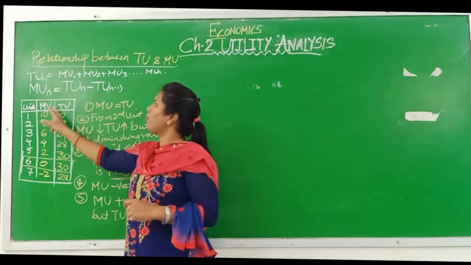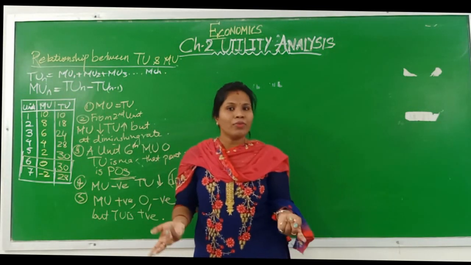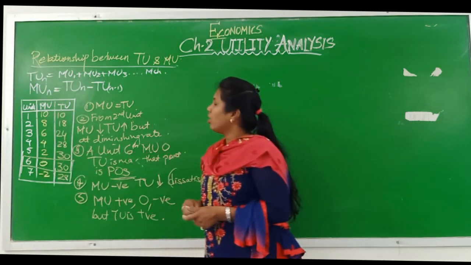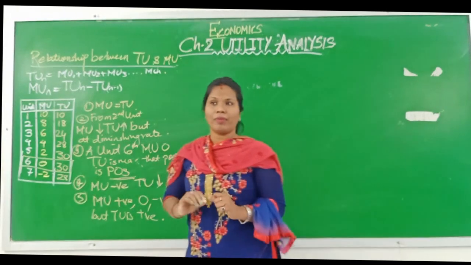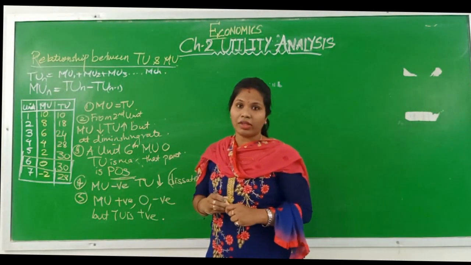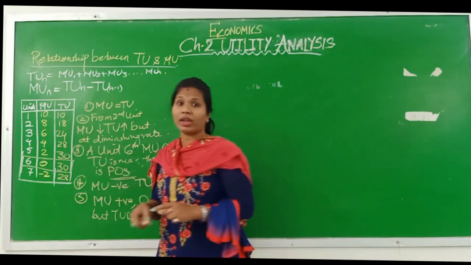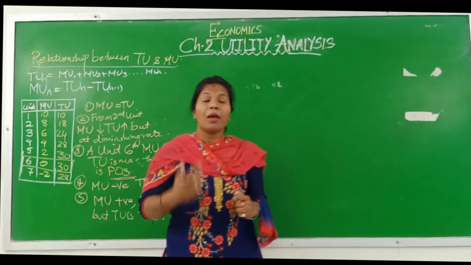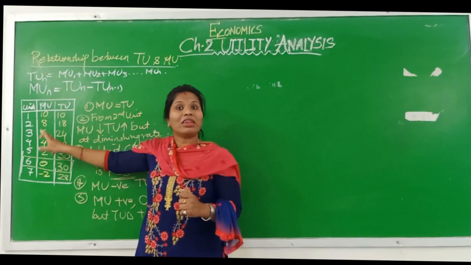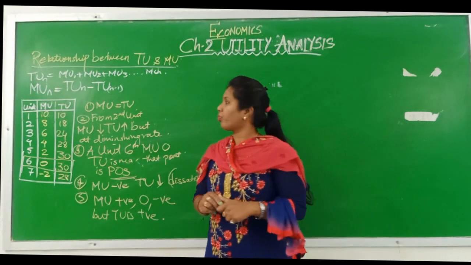So when we compare MU and TU, as I have told you, TU is nothing but addition of MU. Initially MU and TU are the same. From the second unit, MU starts decreasing, TU will increase, but at what rate? At diminishing rate. That means TU is increasing but at lesser and lesser rate. You can see why? Because MU is declining, 8, 6, 4, 2, 0, minus 2.